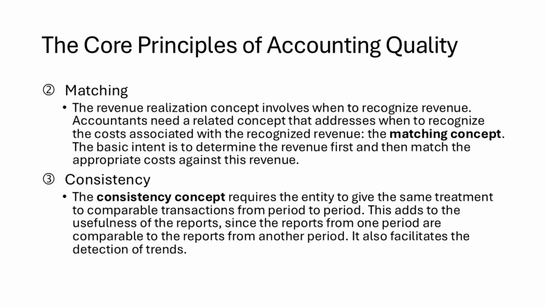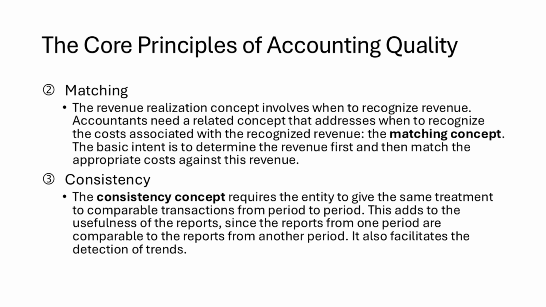Entities sometimes need to change a particular accounting method in order to adapt to changing circumstances. If the entity can justify the use of the alternative accounting method, the change can be made. The entity must be ready to defend a change, a responsibility that should not be taken lightly in view of liability for misleading financial statements.